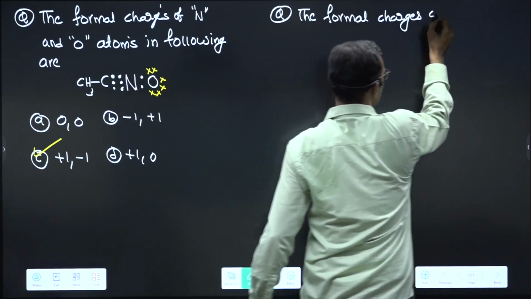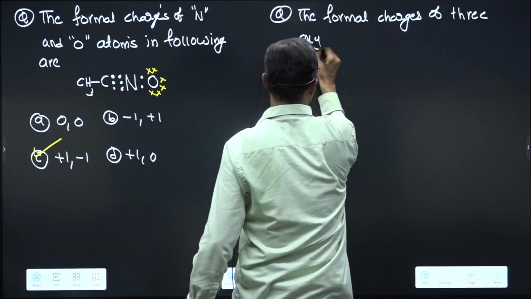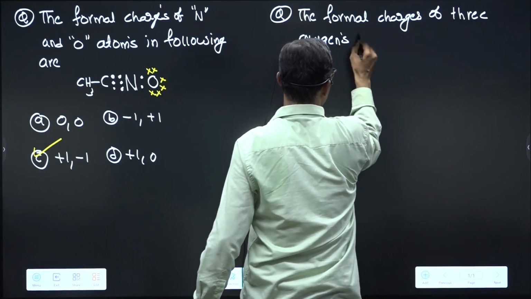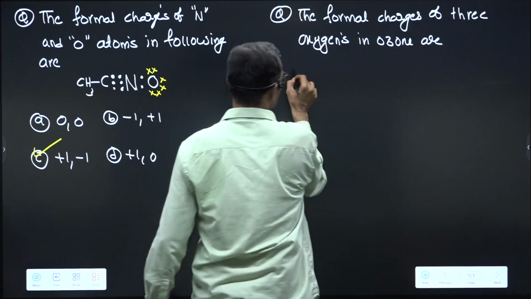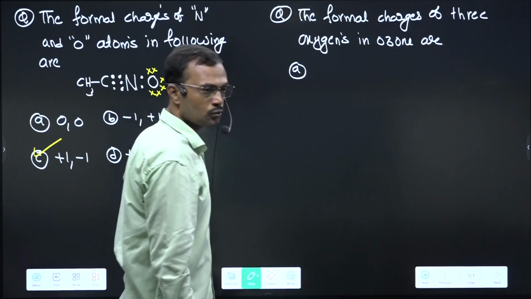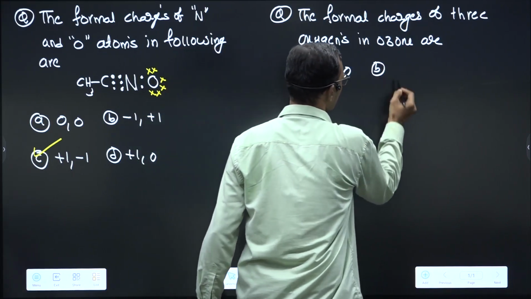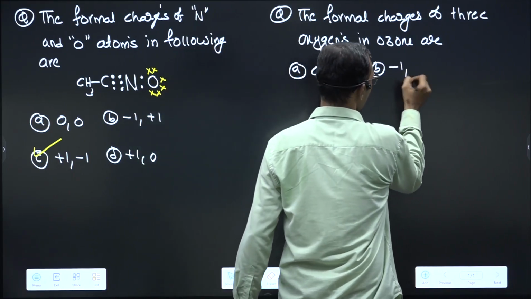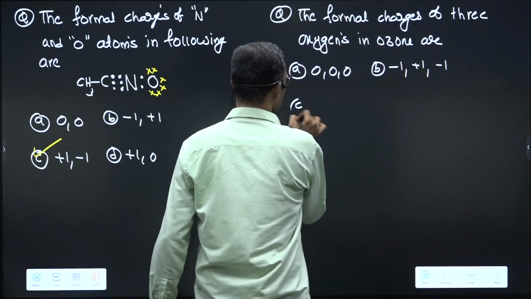The formal charges of 3 oxygens in ozone. What are the formal charges of 3 oxygens in ozone? 0, 0, 0. -1, +1, -1.